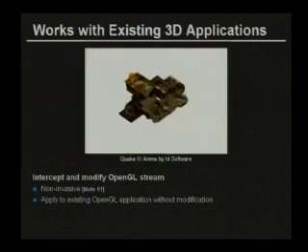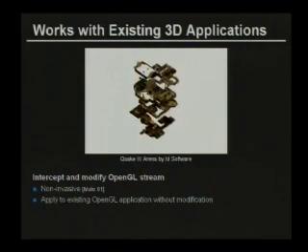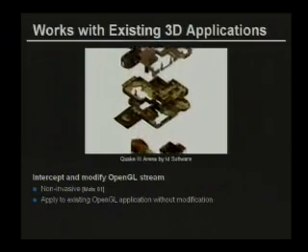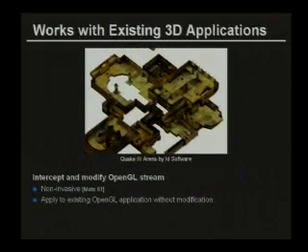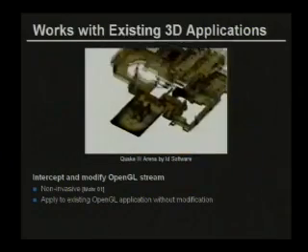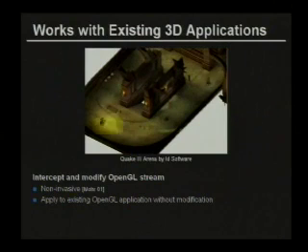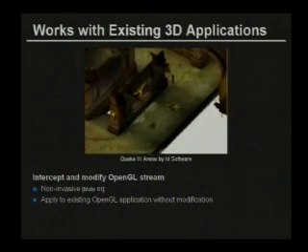So we're capturing the OpenGL stream, modifying it, and re-rendering it in this way. We're replacing the OpenGL library with our own version of that library. And so this application didn't need to be modified at all. We just link it against our own library.